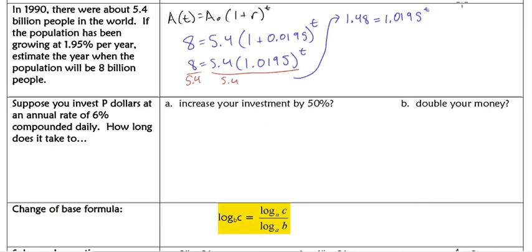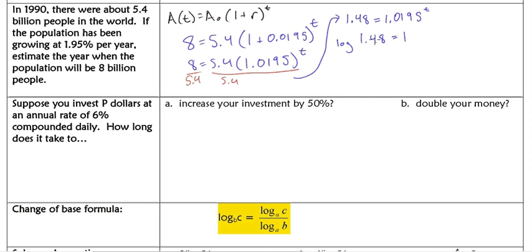Okay, and so let's take the log of both sides. It's in exponential form. Let's change it into logarithmic form, and so we're going to have log of 1.48, just taking the log of both sides, is equal to, and we're going to leave it as base 10 right now.